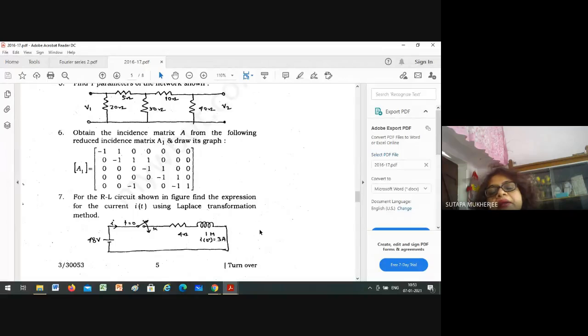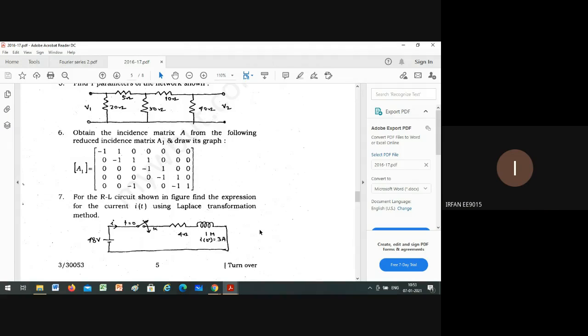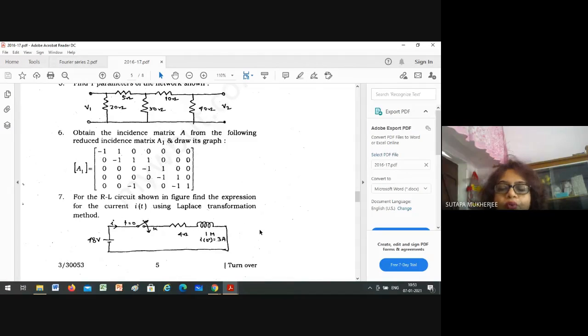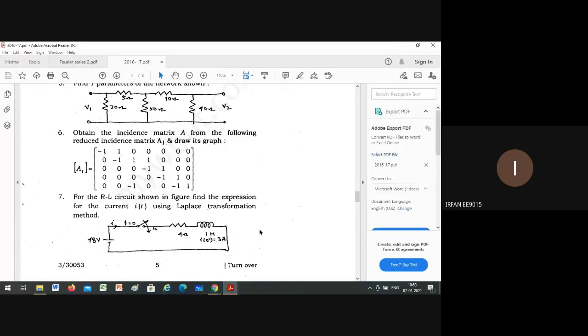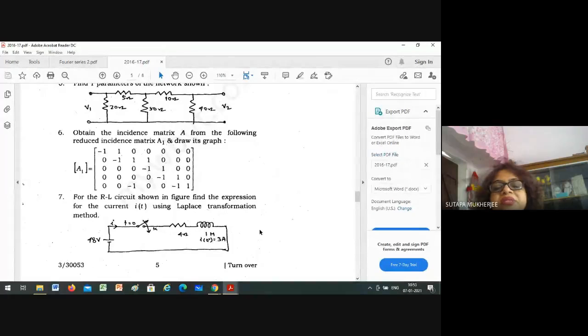Irfan, just listen. From the reduced incidence matrix, if you come back to the incidence matrix, then you have to put a horizontal row. The question is, if you put the horizontal row, then what will you put here?